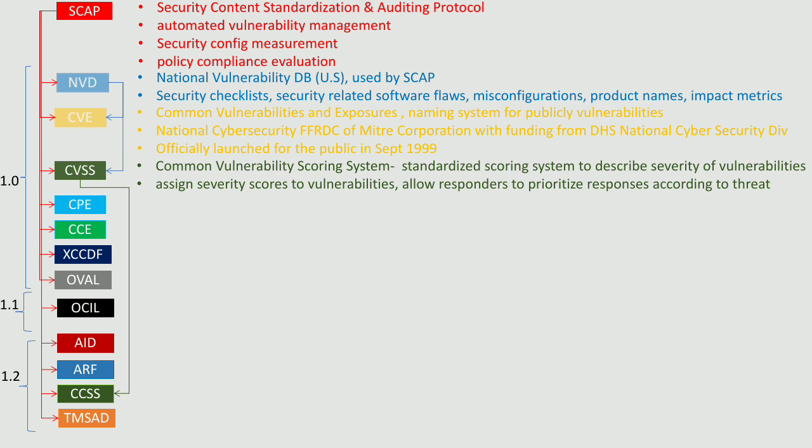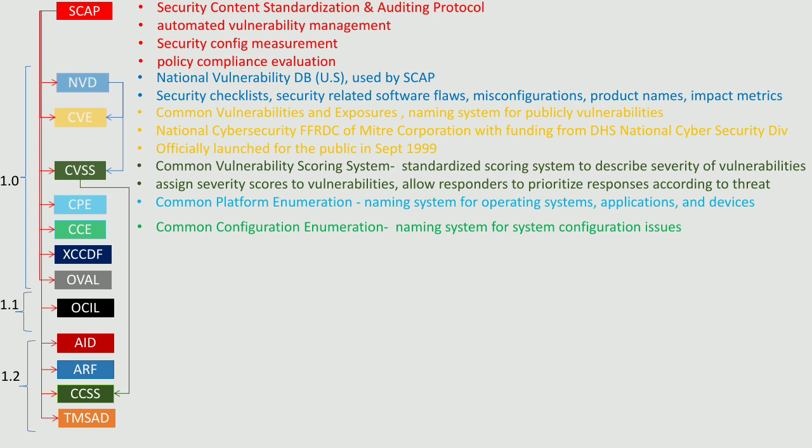The Common Platform Enumeration is a naming system for operating systems, applications, and devices. So any application or operating system or device can be referred to in a standardized way using this protocol. Then Common Configuration Enumeration is similarly a naming system to refer to configuration issues in a standardized way.